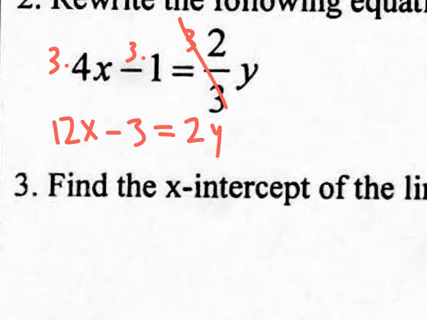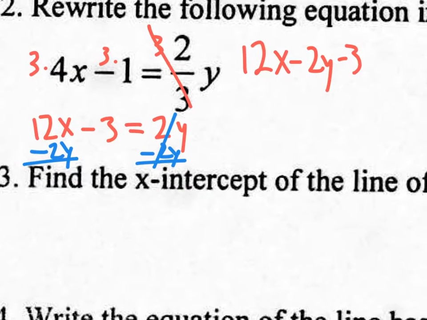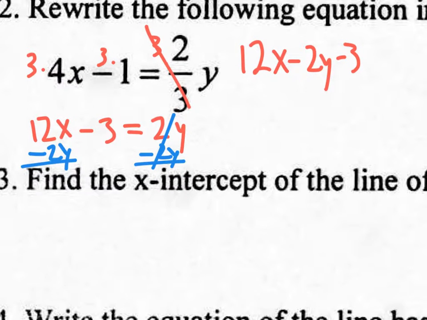We're also going to subtract 2Y from both sides, because remember, standard form is AX plus BY equals C. So I'm going to move my Y value to the left side. My new equation will be 12X minus 2Y minus 3, and of course it's still equal to 0.